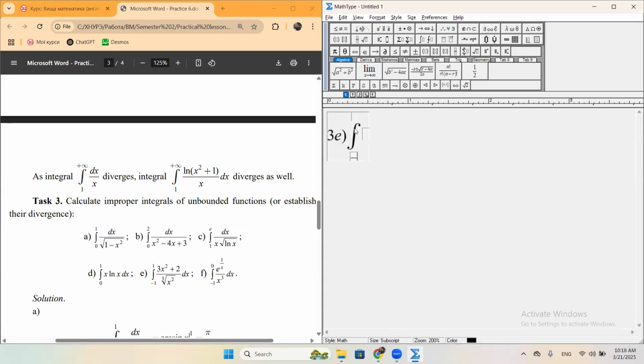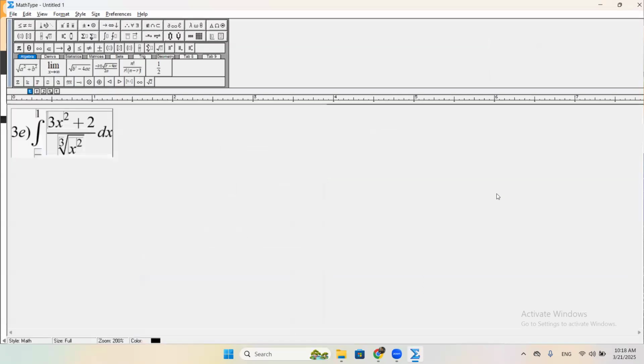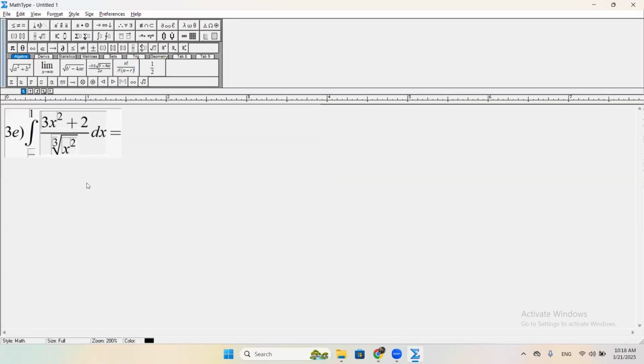Okay, so the following integral. 3x square plus 2 over the cube root of x square, dx. So the singularity point is 0 here. So we need to split it into 2 integrals.